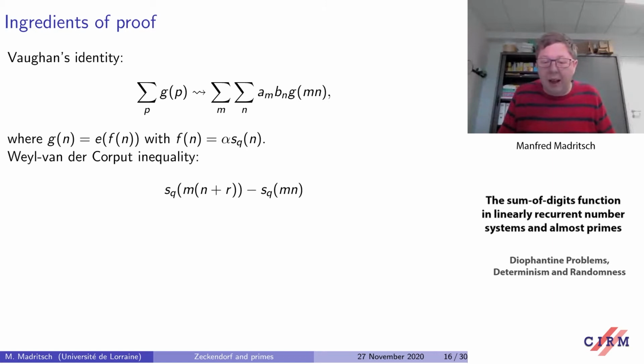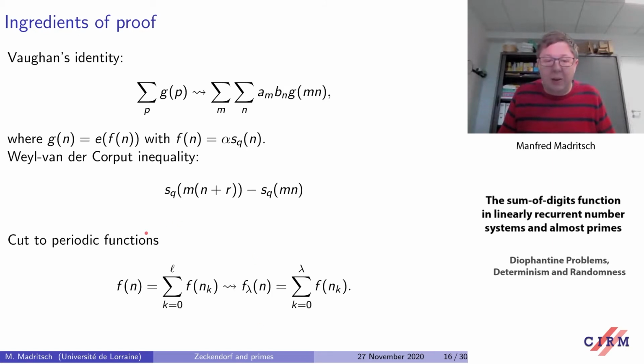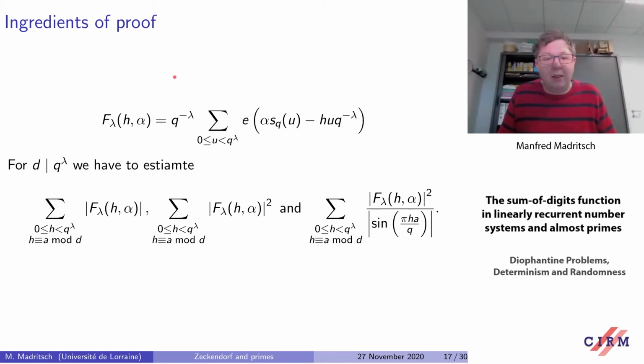And after this, they do a cut in order to get a periodic function, and with this periodic function they do Fourier analysis. So you have this Fourier transform of this function, and this function will also appear in our proof. That's the reason why I present it here.